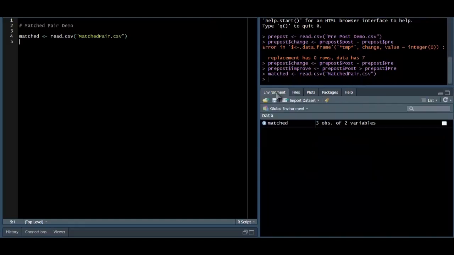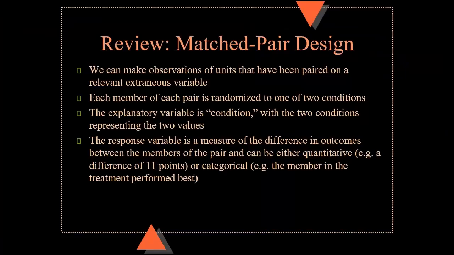Okay, so here I have now 3 observations of 2 variables. Okay, so if we go back to what this says, we can look at the difference in outcomes between the members of the pair.